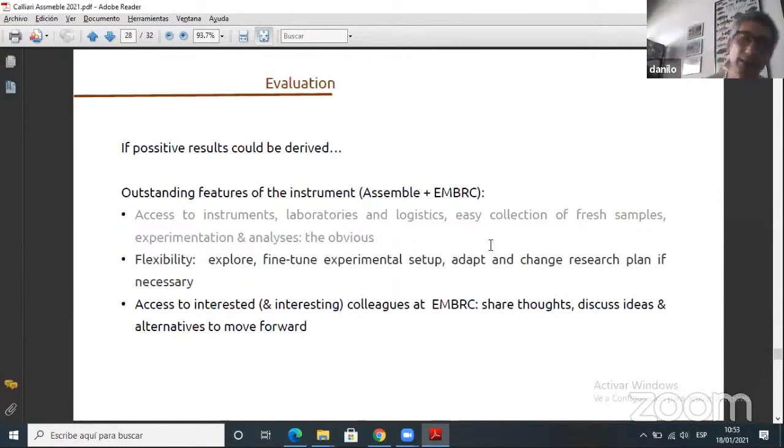First, which is the most obvious, of course, is the access to instruments, laboratories, logistics, and so on. That's very well known. But I wanted to highlight the flexibility, in terms of the possibility that the researcher has to find the time to explore, fine-tune the experiment, adapt the experimental setup, and even, as was the case here, change the research plan altogether if that is necessary.